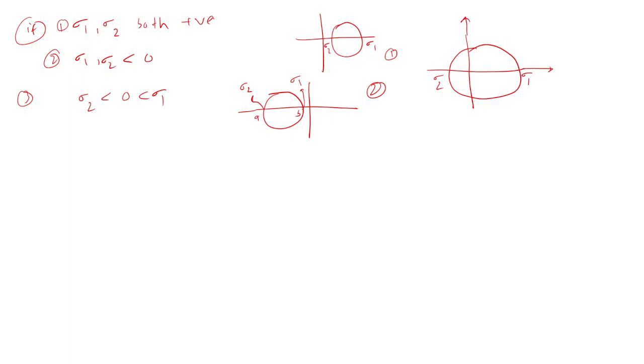But if they ask what is the maximum normal stress, it will be A only, no, sir? If they are directly asking what would be the maximum magnitude of the normal stress, then obviously you have to tell about A only, because the maximum depends only on the magnitude, not on the sign.